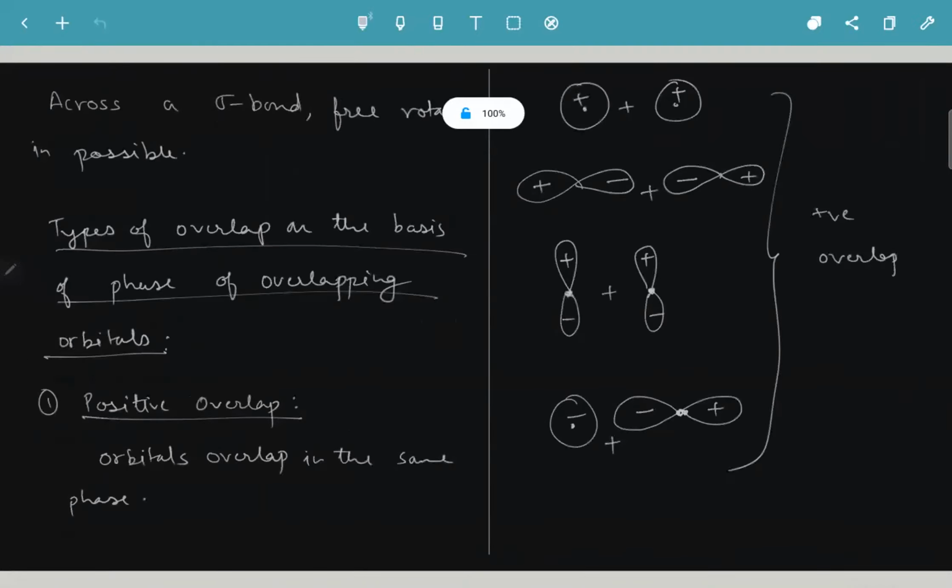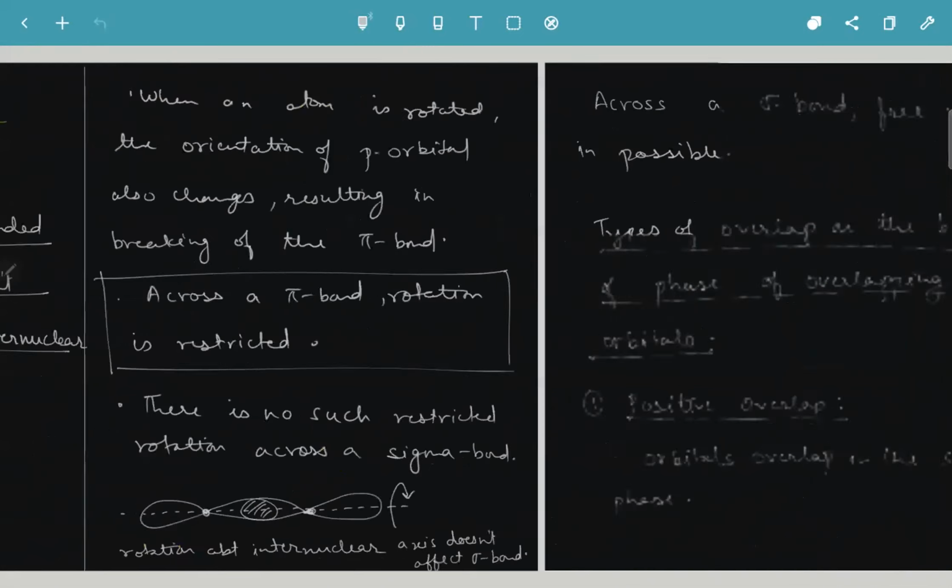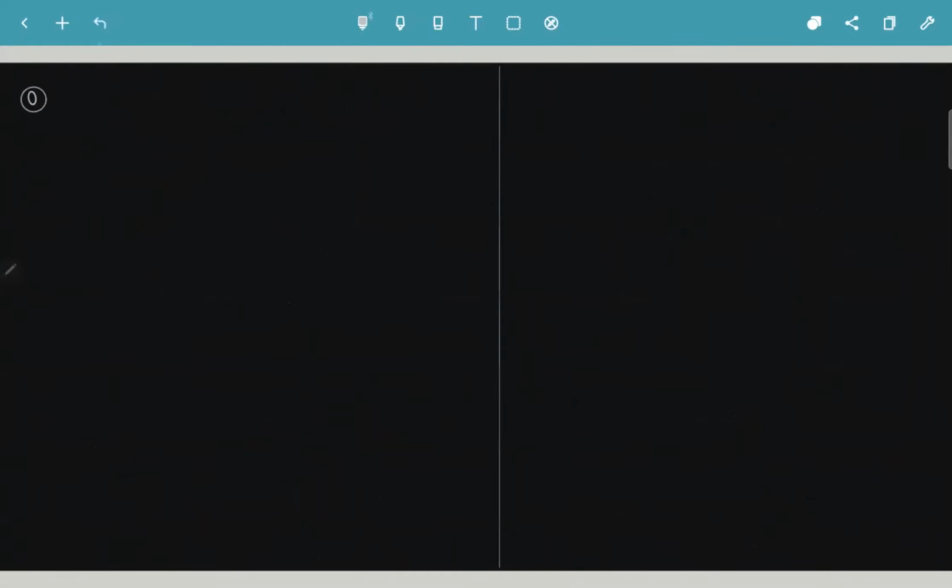Next, negative overlap. Orbitals overlap in opposite phases.